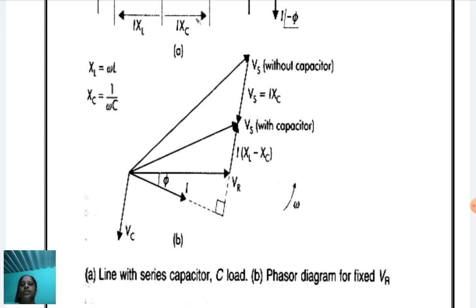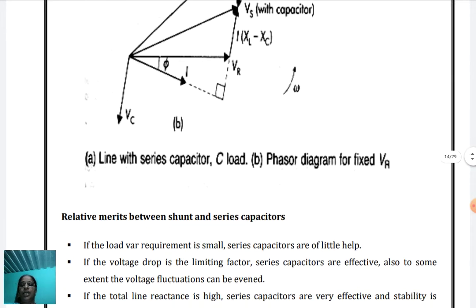Therefore I(XL minus XC) is the reactive drop, and then IXC is also a voltage drop. Then we get the resultant voltage. The current I lags behind the voltage VR by an angle phi. This is the phasor diagram of the series capacitor.